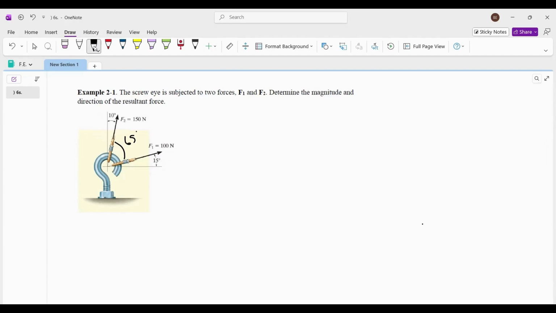From there, what I like doing is drawing a parallelogram to help me figure out some more things that I will be needing later. So we're going to take these two forces and draw them over here to the side.